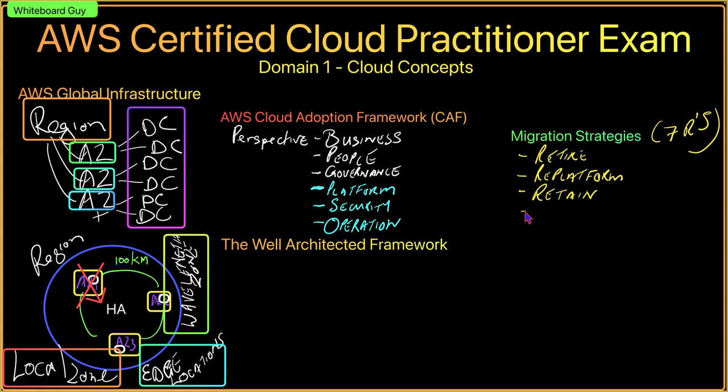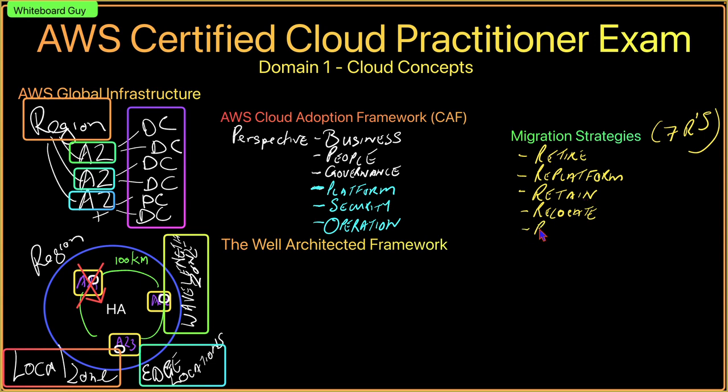Then we could be looking at relocate. And what we do with the relocate is we maybe say we're moving from one cloud provider to a different one, or I'm transferring my database that is running in AWS, the RDS database, I'm moving it to another account, for instance. So that could be your relocate.